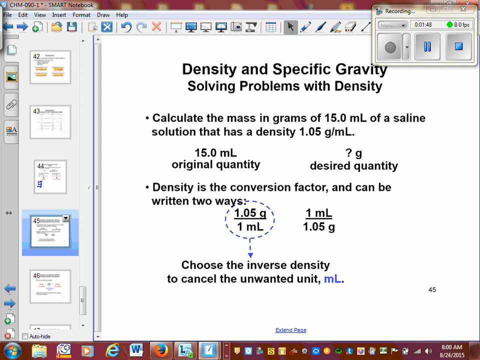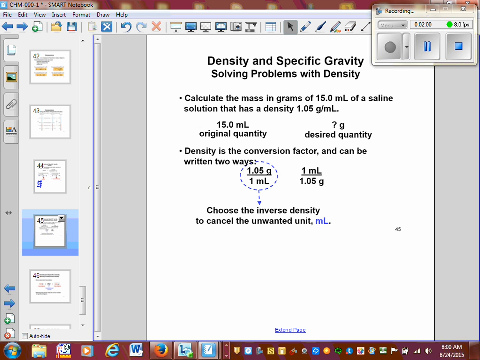So here's a case where we calculate the mass in grams of 15 mils of saline solution that has a density of 1.05 grams per mil. Again, when we do conversions, we start off with what we know. Well, we know the density. And we know how much we're starting with.